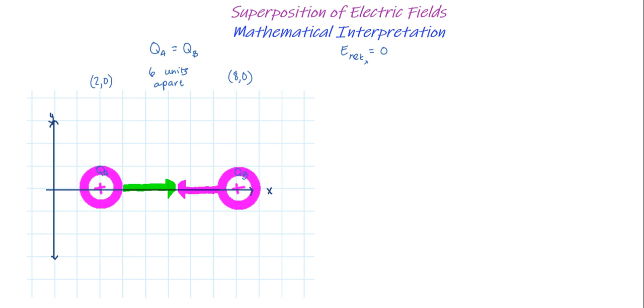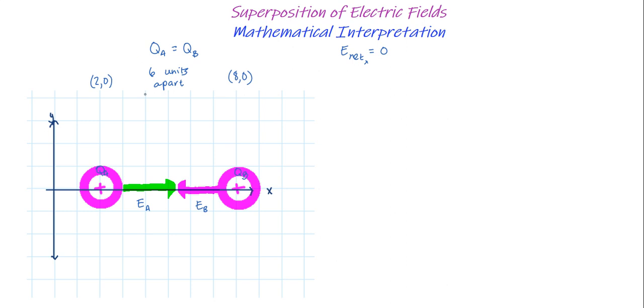I can label them as E sub A, because it's the electric field made by QA, and E sub B, because it's the electric field made by QB. Because I've said QA and QB are the same, we already know that EA and EB would have to be the same if we're comparing the same location. But I want to show the proof of this so that if QA and QB are not the same, you could still solve the problem.